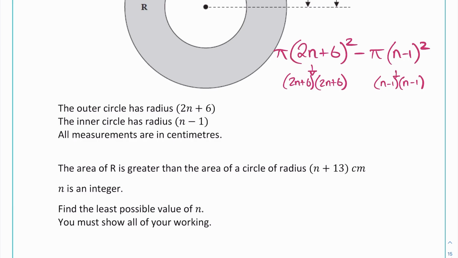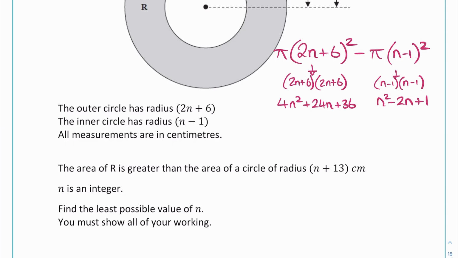If we do that, 2n plus 6 times 2n plus 6, well, you get 4n squared. 2n times 6 is 12n, we've got 2 of those, so plus 24n. 6 times 6 is 36, and there's that one. We've then got the n minus 1, so n times n is n squared. N times minus 1 is minus n, you've got 2 of those, so minus 2n. And negative 1 times negative 1 is plus 1. And we're taking all those away.